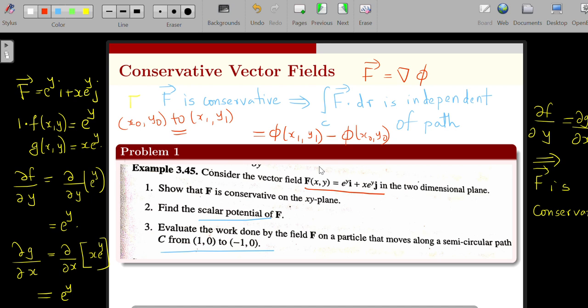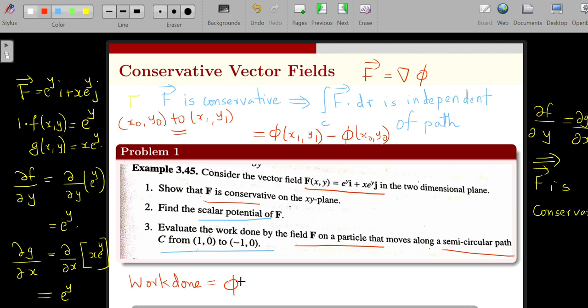So in this problem, to evaluate the work done, there is no need to consider whether it is a semicircular path, a straight line, or some other path joining (1, 0) and (-1, 0). We need only check whether the function is conservative or not.